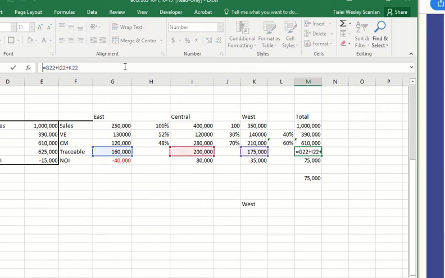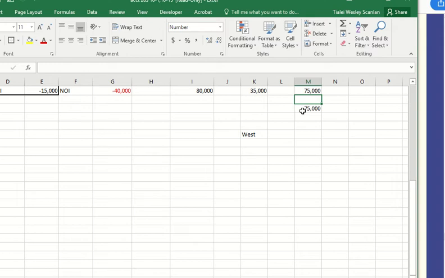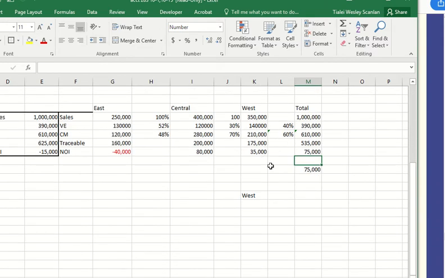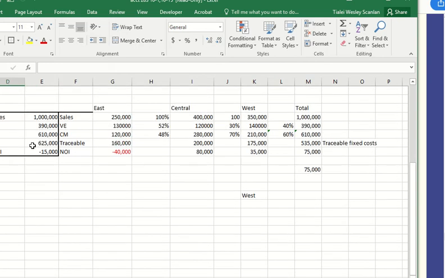Sum up those ones again, and then this calculation again of our net operating income. So this is before they have all of their traceable costs in here, fixed cost.